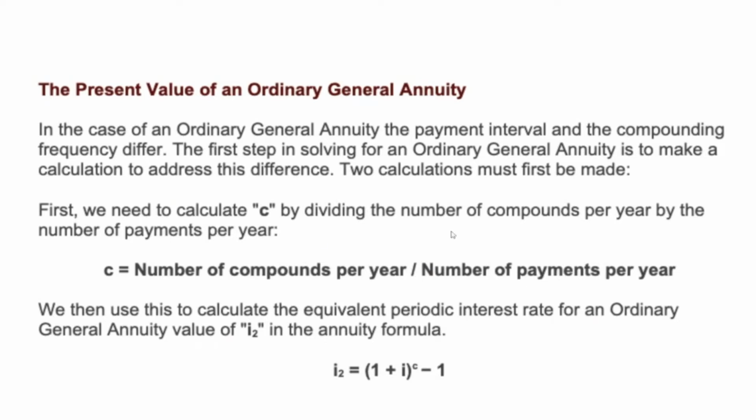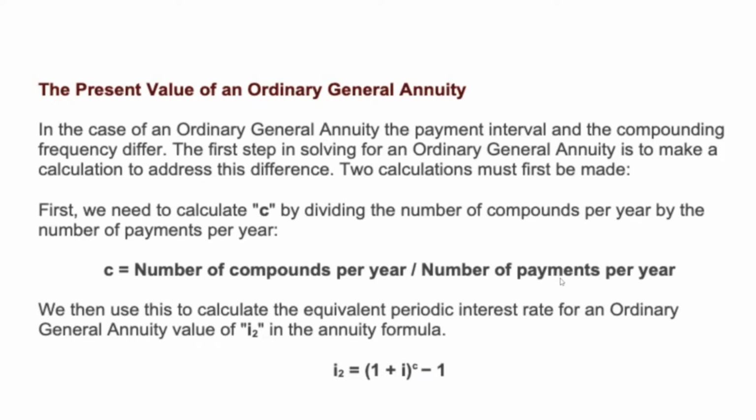So that's the real trick to these problems: you need to do this subtle extra calculation that calculates I2, the periodic interest rate for a general annuity. You take the value of I stated in the problem, 1 plus I, to the power of C, and C is calculated by the number of compounds per year divided by the number of payments per year.